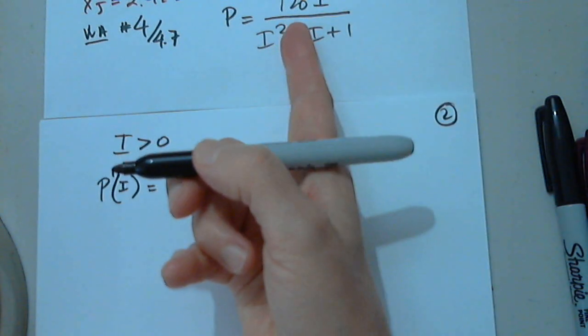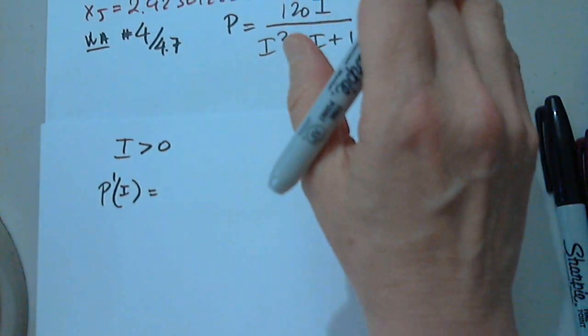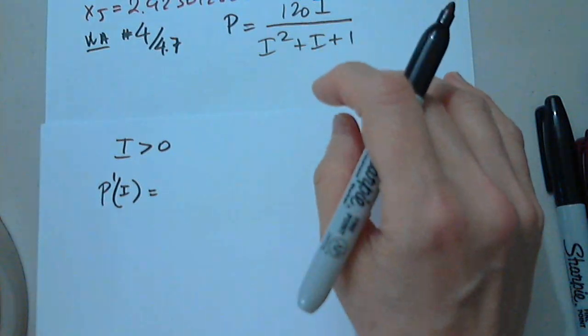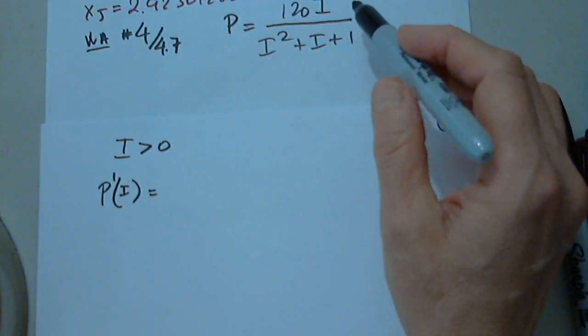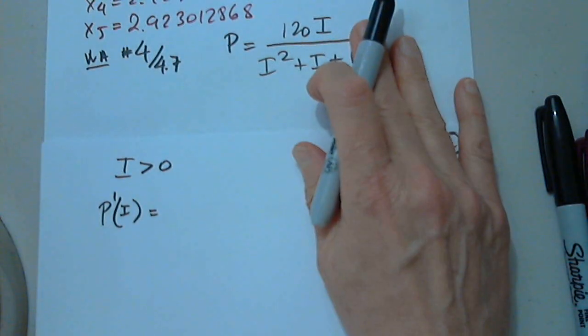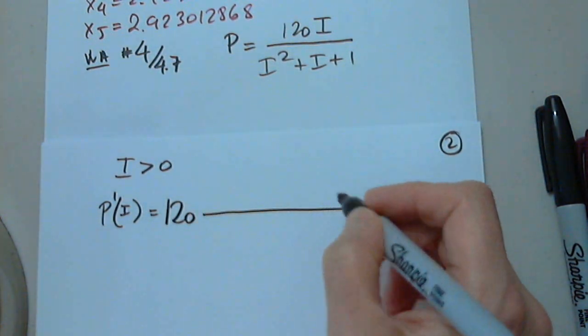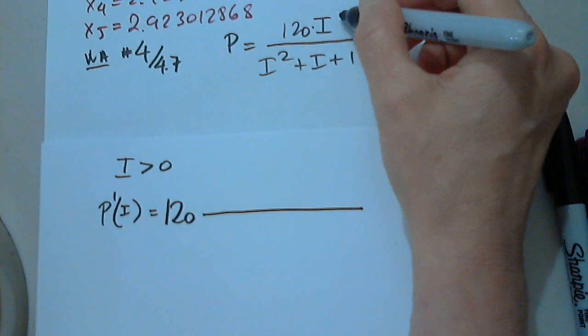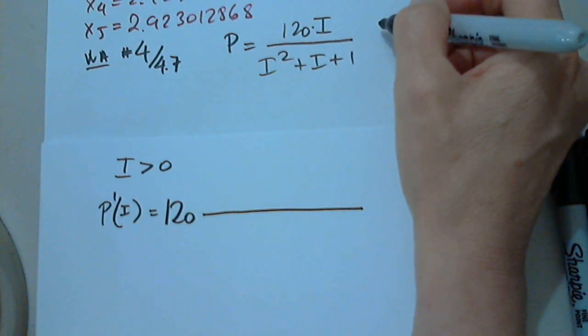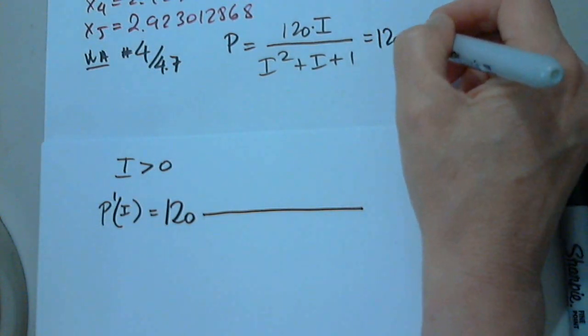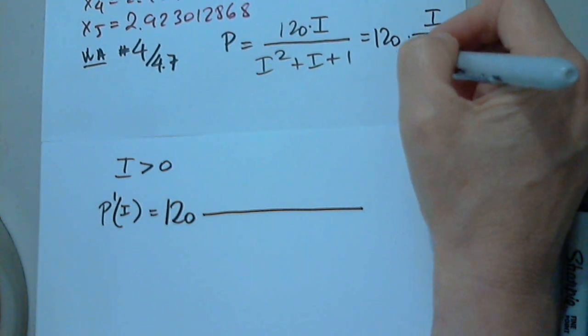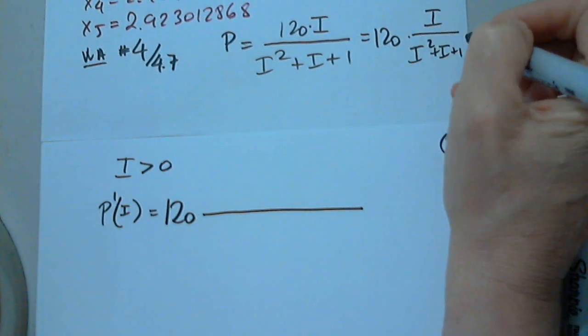Remember, always look at the function, analyze it, and say, is there anything I can do to simplify this? Yes, I will put 120 in front. It can wait patiently because it's a product, and nothing else follows. This can be rewritten as 120 times I over I squared plus I plus 1.